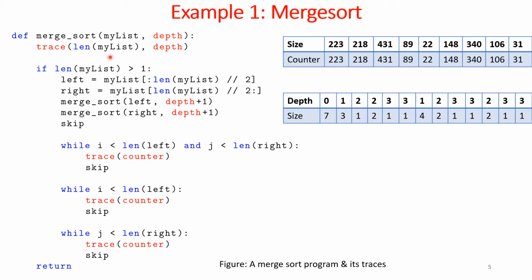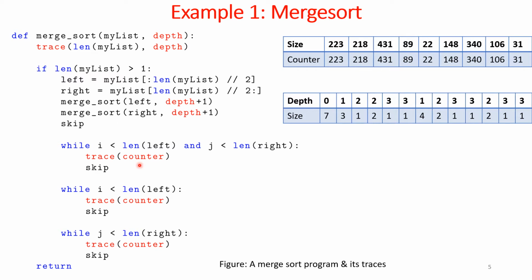For example, the first line shows that the traces we collect are the size of input and the depth of recursion for each iteration of merge sort. We also collect the number of loop iterations per recursive step.